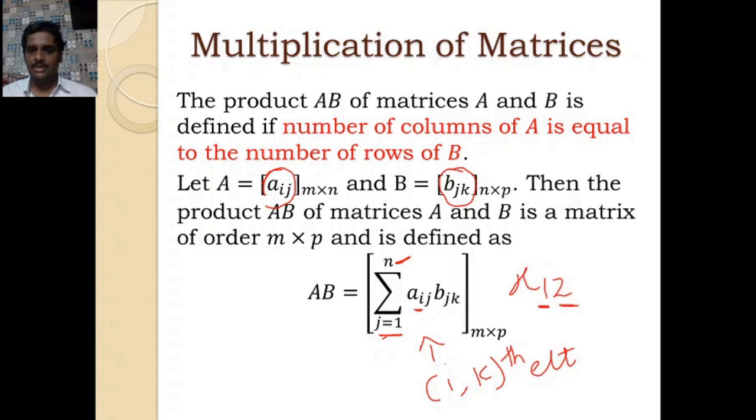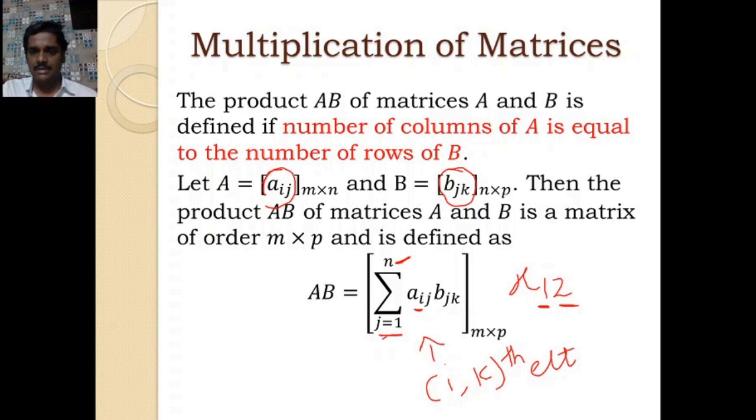What I'm going to do is pick the first row of A and the second column of B and multiply them. That will give me the element present in the first row, second column. This index you have to understand. If I am saying x12, I am using this notation to denote the element present in the first row, second column of product AB.